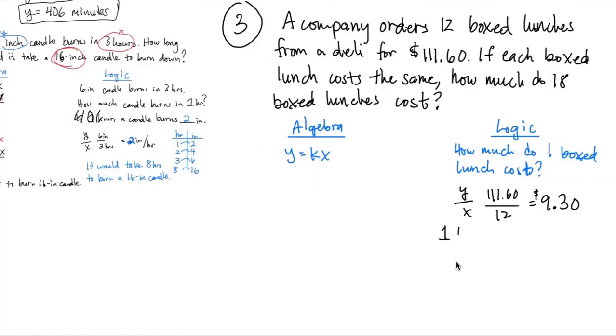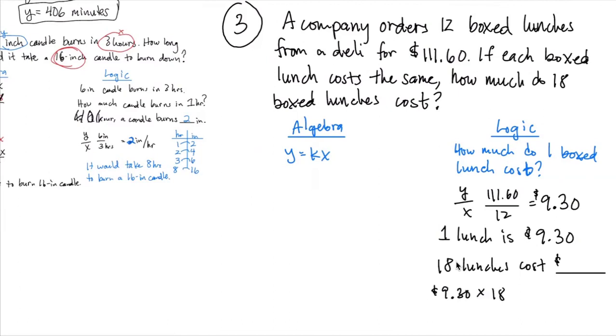One lunch is $9.30. So to figure out what 18 lunches cost, I'm just going to take my $9.30 and times it by the number of lunches, 18.